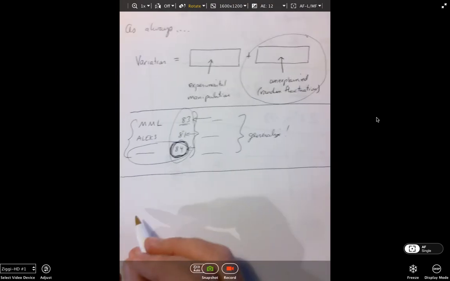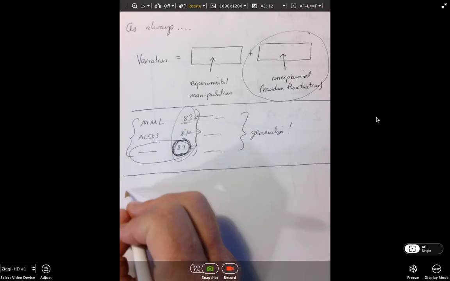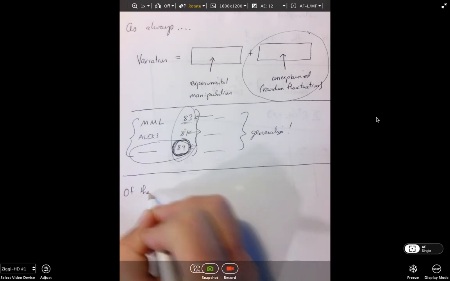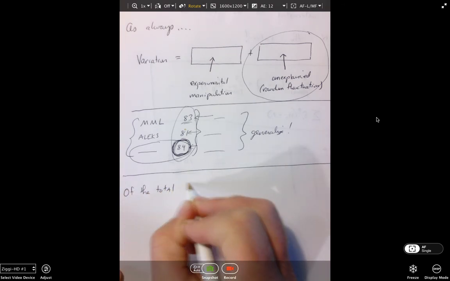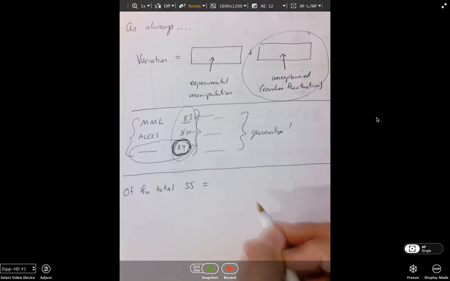Now, what we know so far is this: of the total sum of squares, which was, I don't remember, I'll have to look it up, I think it was 1706, yeah.